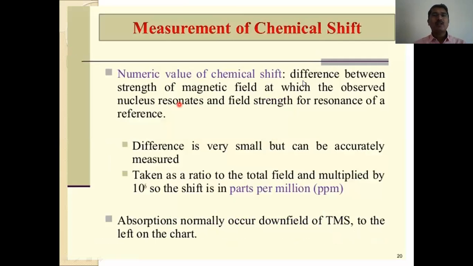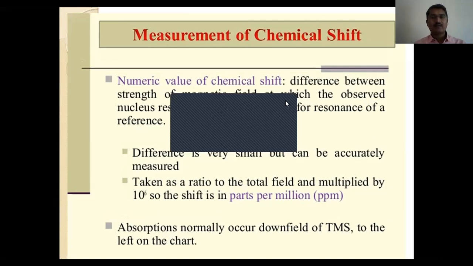The numeric value of chemical shift is the difference between the strength of the magnetic field at which the observed nucleus resonates and the field strength for the resonance of the reference.